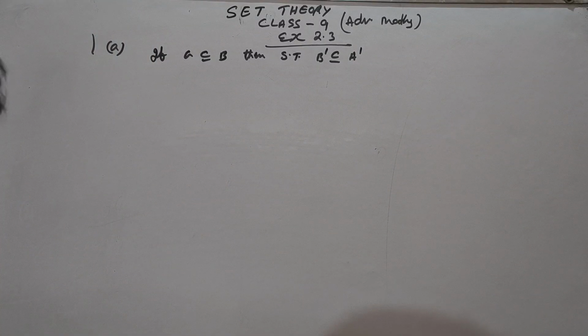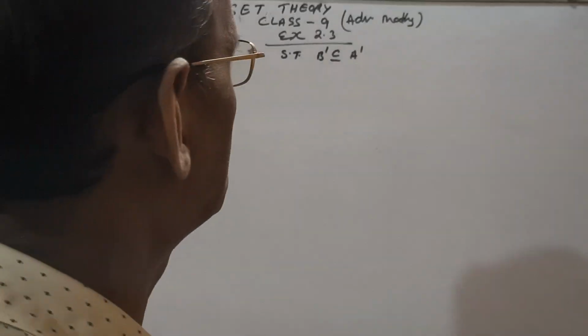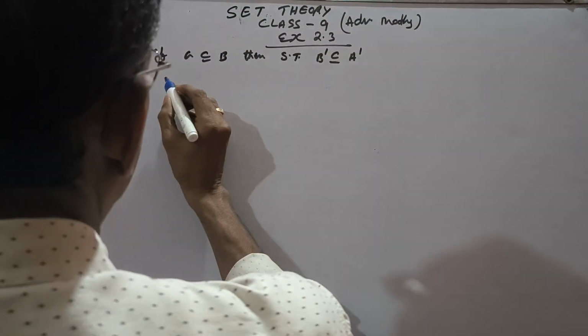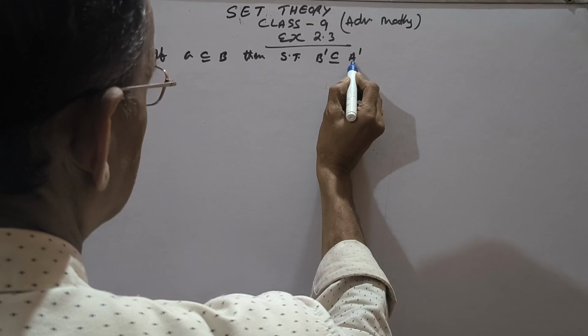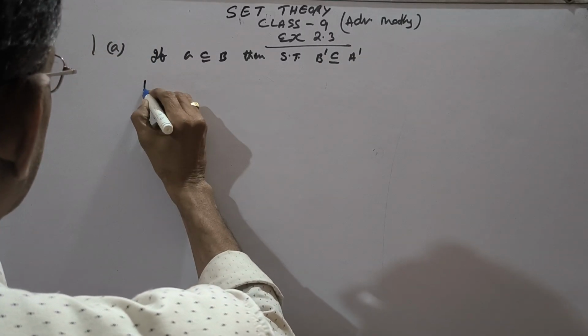You can do it in any way. We have two methods: either by definition or by laws of set operations. Any one will do. So we have to prove B complement is a subset of A complement. Let's start.